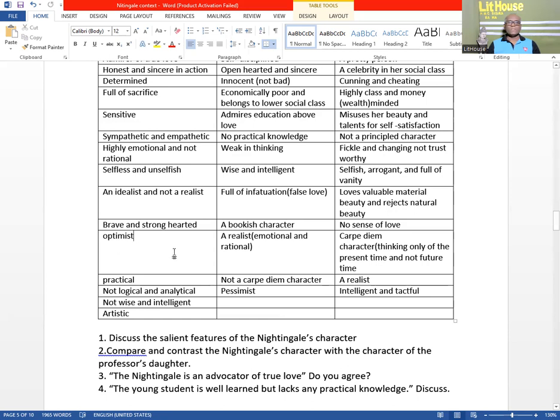Right. Optimist. What do you mean by optimist? You think whatever happens is for the goodness. You think of only the goodness. Optimist. You think positively. Another word for optimist: positive, not negative. Okay, it doesn't matter. I will do it.